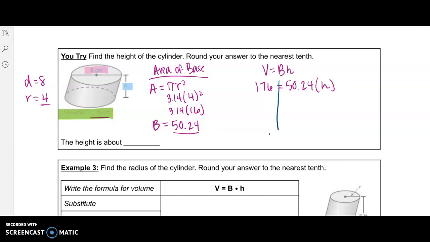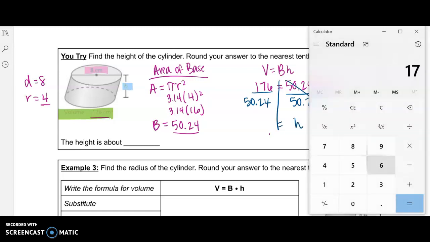We are going to draw a line down our equal sign, and we are multiplying by 50 and 24 hundredths, so the opposite or the inverse would be to divide on both sides. When we do that, that cancels, leaving us with h. And so we have 176 divided by 50.24, and we get this crazy number, but that's okay.